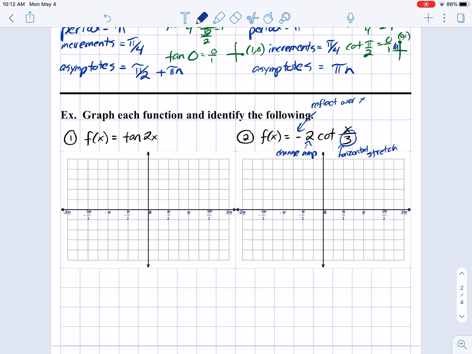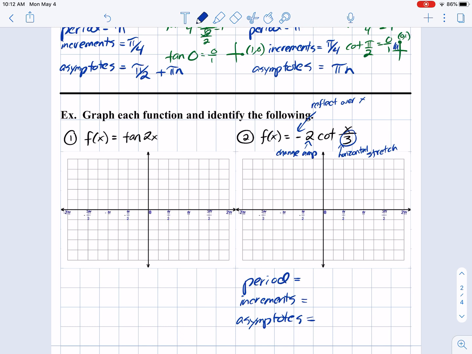Okay. So what I'd like us to do is to first find the period, then our asymptotes, then our increments, and then we'll go graph.